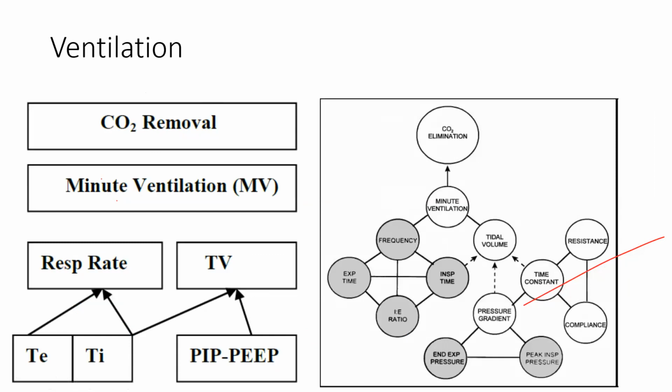So if you don't want your oxygenation to be changed, but only CO2 clearance to be addressed, better to go for the respiratory rate. If you want both oxygenation and ventilation, which means the CO2 clearance, to be adjusted, either to increase or decrease, you commonly target these two settings: peak inspiratory pressure and positive end expiratory pressure.